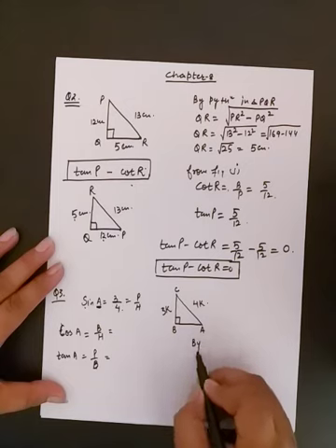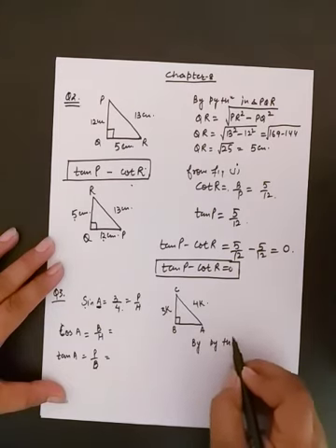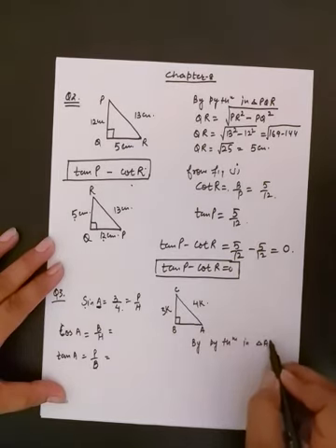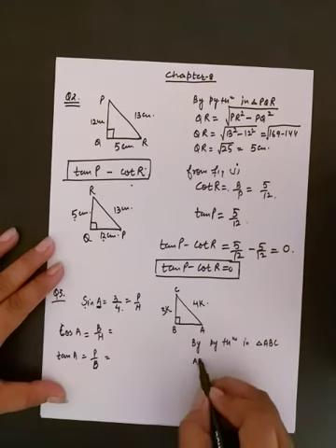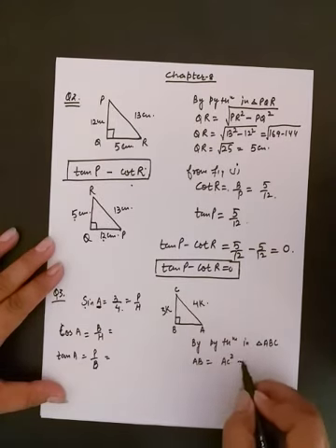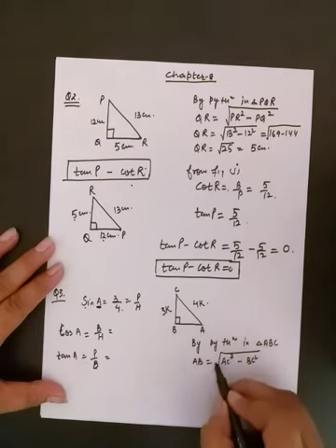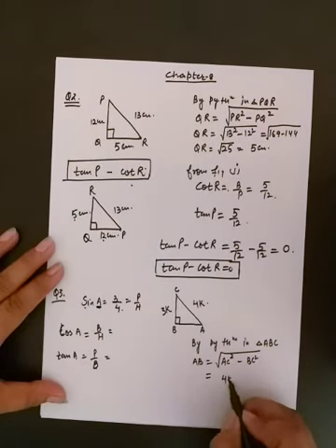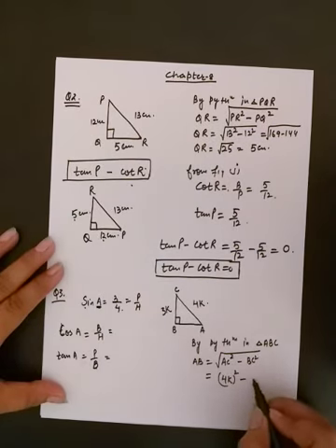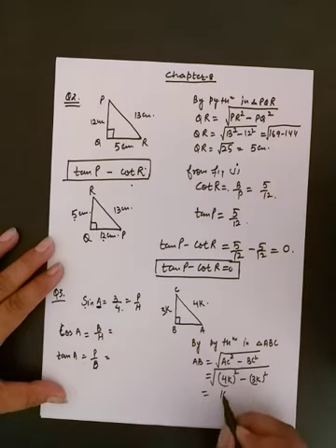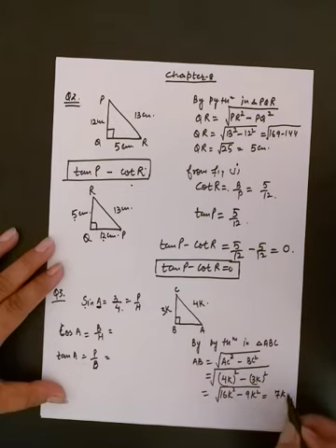So by Pythagoras theorem in triangle ABC, AB will be AC square minus BC square under the root. Here AC is 4k whole square, minus square of 3k, and we get 16k square minus 9k square, and we get 7k square.